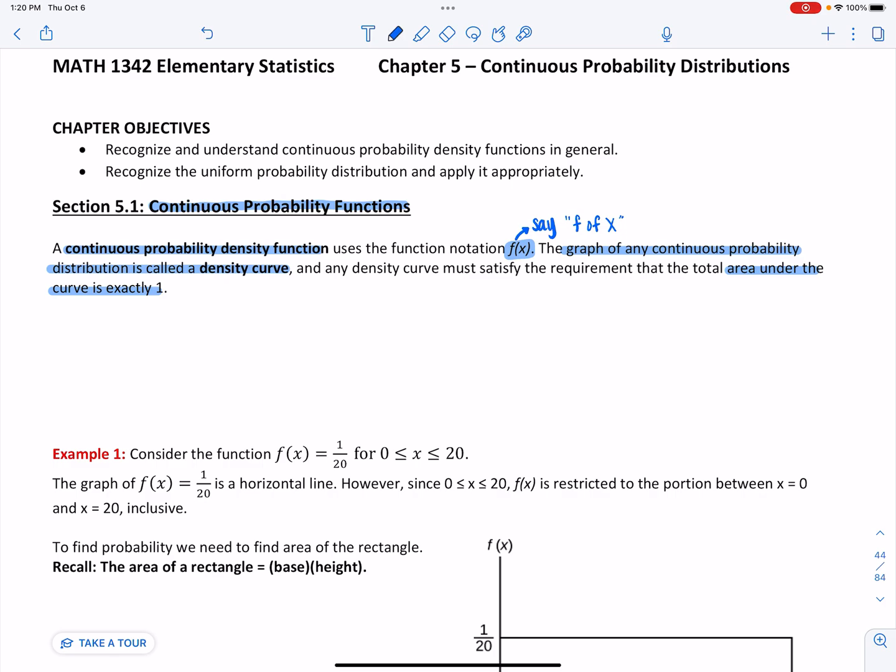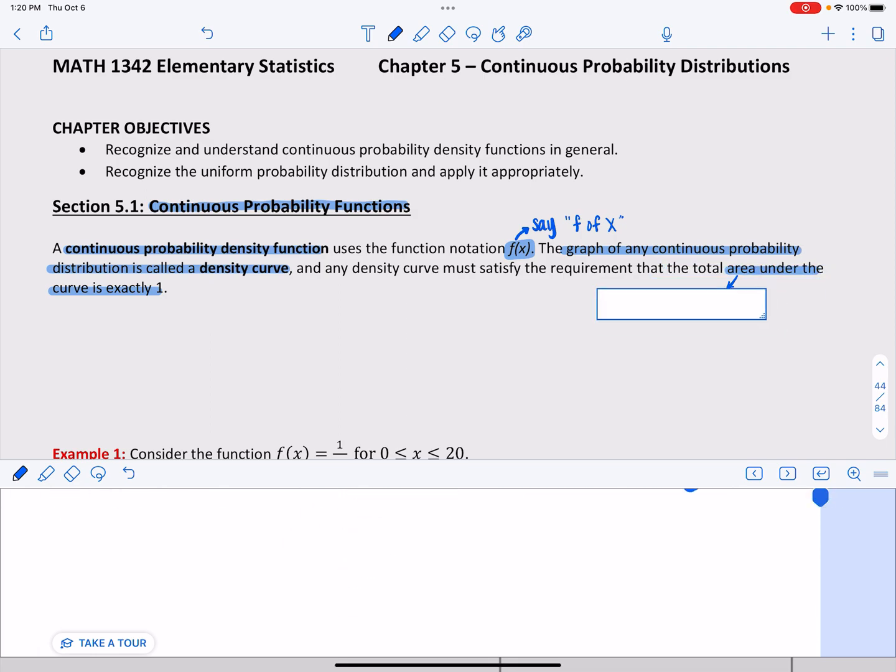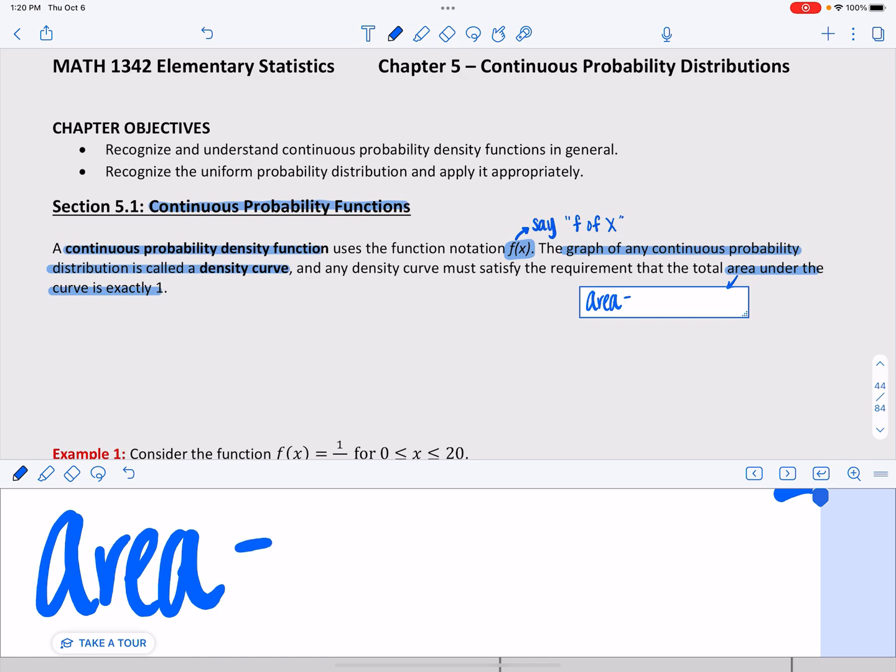Now, when we find the area under this curve, area is going to be the probability.